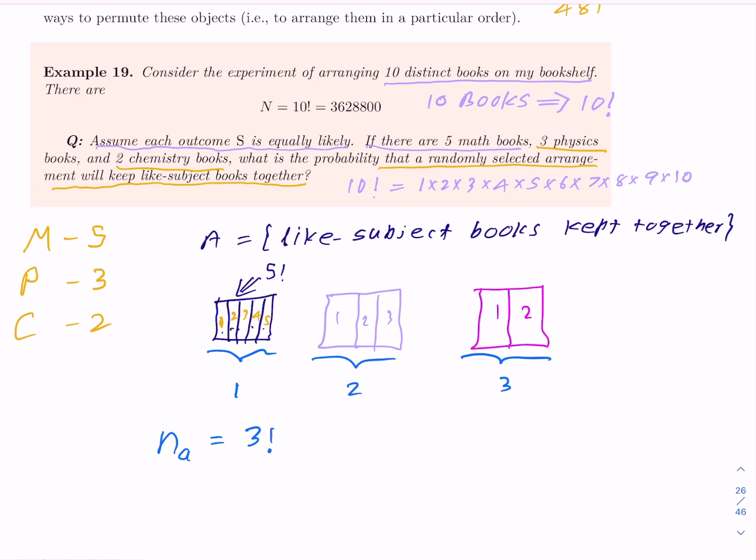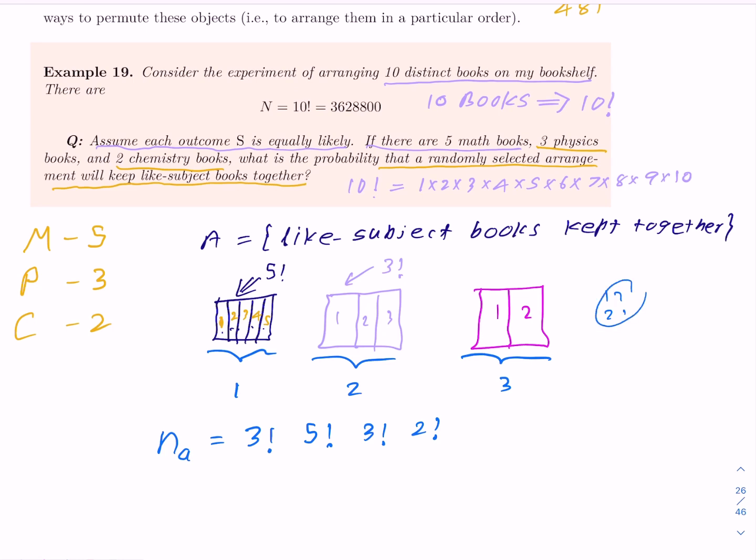Next, the physics group has 3 books, so factorial 3 ways. And the chemistry group has 2 books, so you can arrange them as 1 2 or 2 1, that is factorial 2.